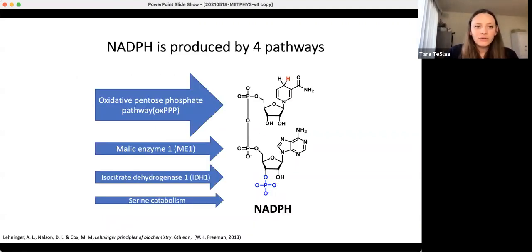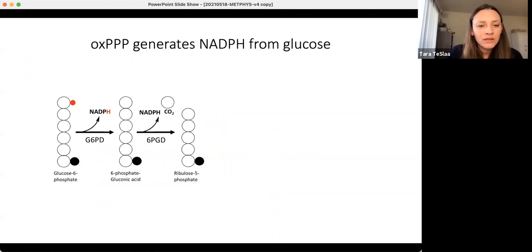And there are several known pathways that can produce NADPH in cells. And one of the canonical pathways is the oxidative pentose phosphate pathway. And so because of the prevalence of this pathway in the literature, we decided to start with this. So the oxidative pentose phosphate pathway uses glucose to make NADPH. And so we can use stable isotopes to measure the activity of this pathway.